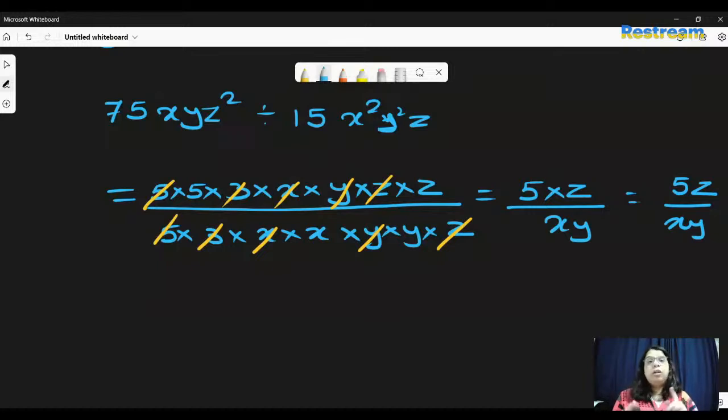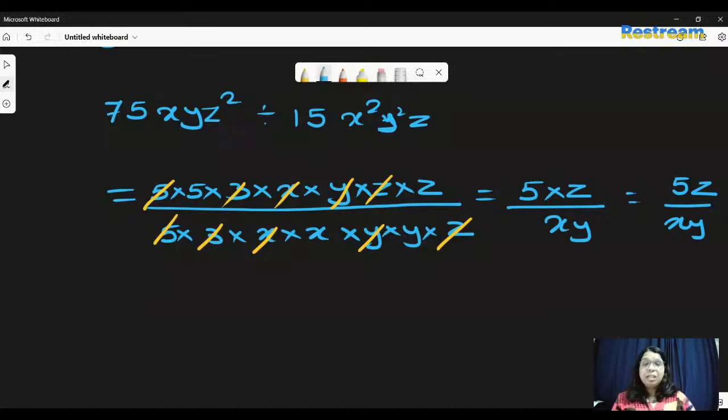Always remember that expressions are the algebraic terms which do not have an equal to sign in them. Like terms can be added, subtracted, multiplied, and divided, whereas unlike terms cannot be added or subtracted, but they can be multiplied and they can be divided.